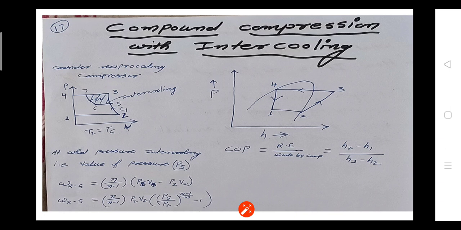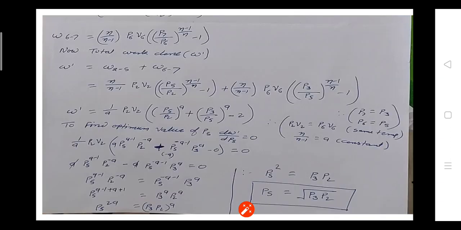Next, in a similar way we can calculate the work done required for the process 6 to 7. The work done during the process 6 to 7 is n upon n minus 1 times P6 V6 times the bracket of P7 upon P6 raised to n minus 1 upon n, minus 1. Now the total work done for the process from 2 to 7 is the addition of these two work dones.